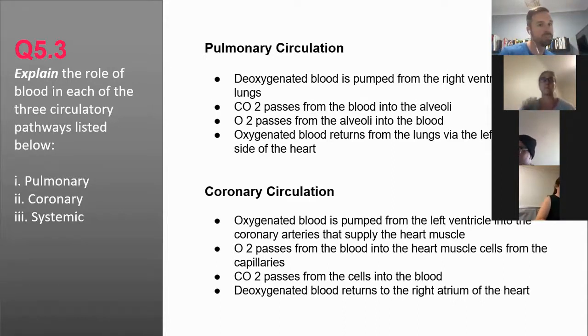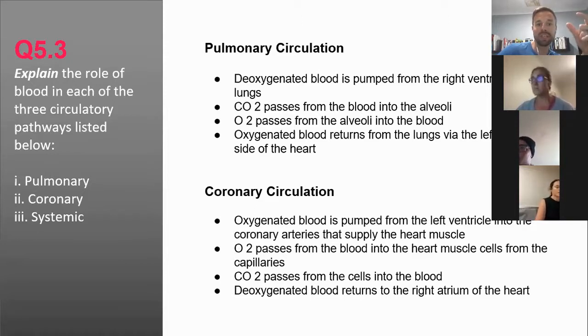So you can do this in bullet points, that's fine, yeah? Deoxygenated blood pumped from the right ventricle, RV, you can even write RV, to the lungs. The blood's going to the lungs, and it's got no oxygen in it. Two things happen at the lungs, specifically at the alveoli.